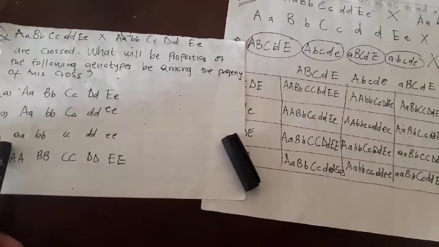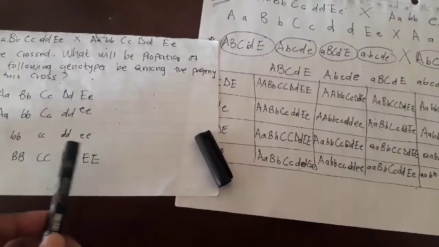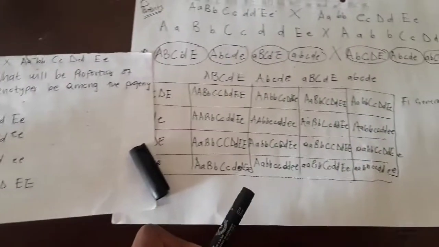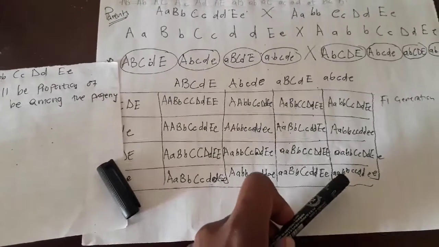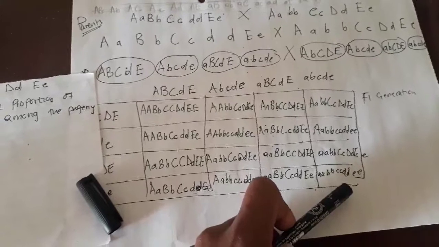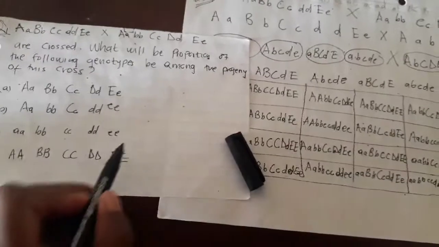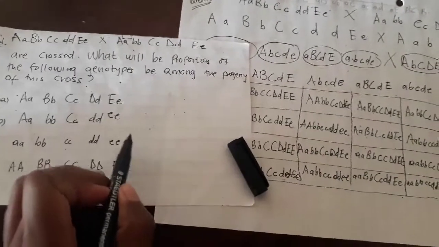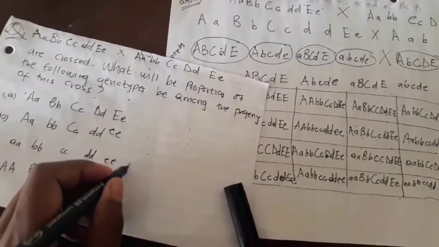Check again, small letter A, B, C, D, E. Okay, we do have option C as our genotype. So for this question, what will the genotype be among the progeny of this cross? The answer is C.